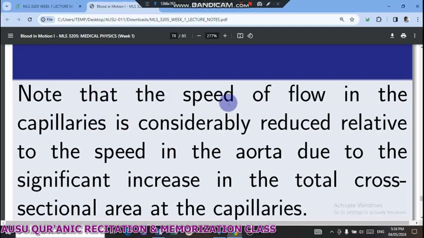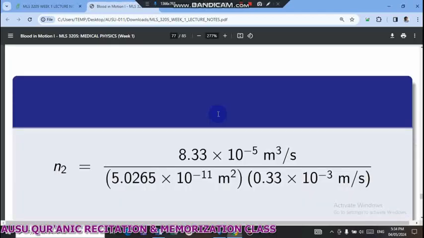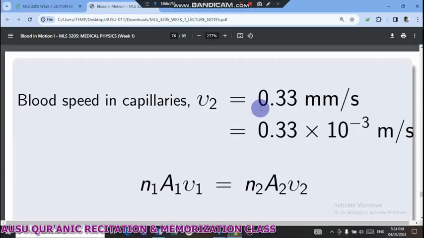Now, note that the speed of flow in the capillaries is considerably reduced relative to the speed in the aorta. Meaning, when the blood leaves the aorta and enters the capillaries, the speed is very small. And we are given that speed, 0.33 millimeters per second.